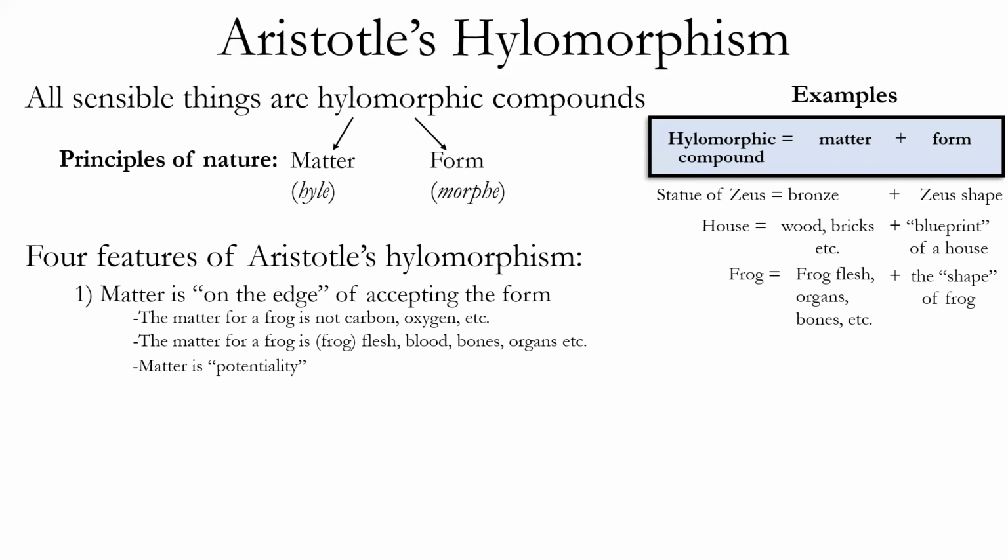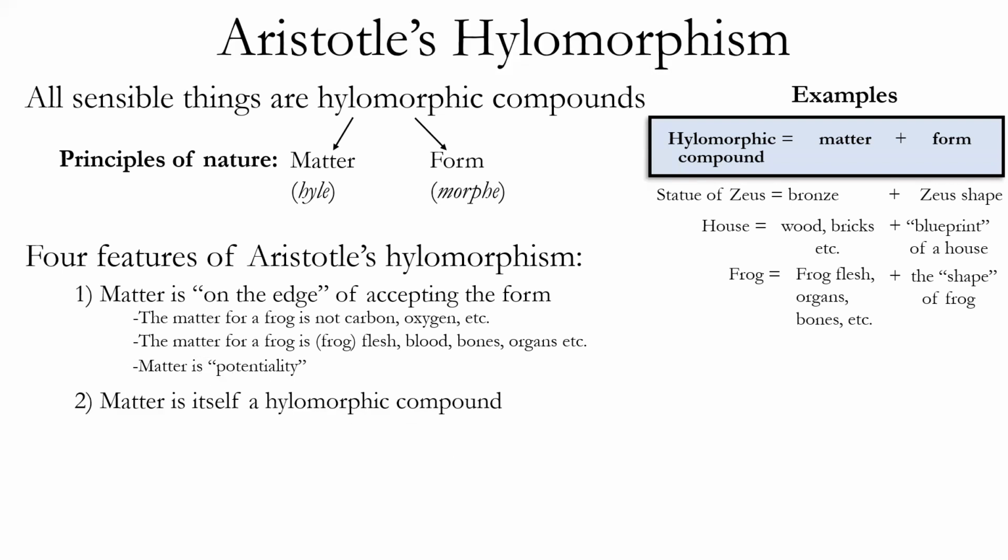The trees and the clay are not immediately potentially a house. A lot would have to be done to them first, so that's not really the matter for a house. The matter for a house would be the bricks and the floor joists and the windows and so on. So matter is what's right on the edge of accepting the form.